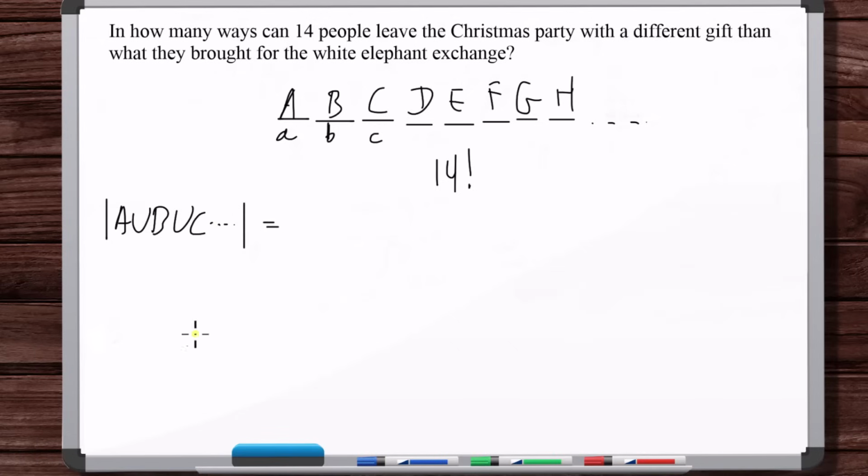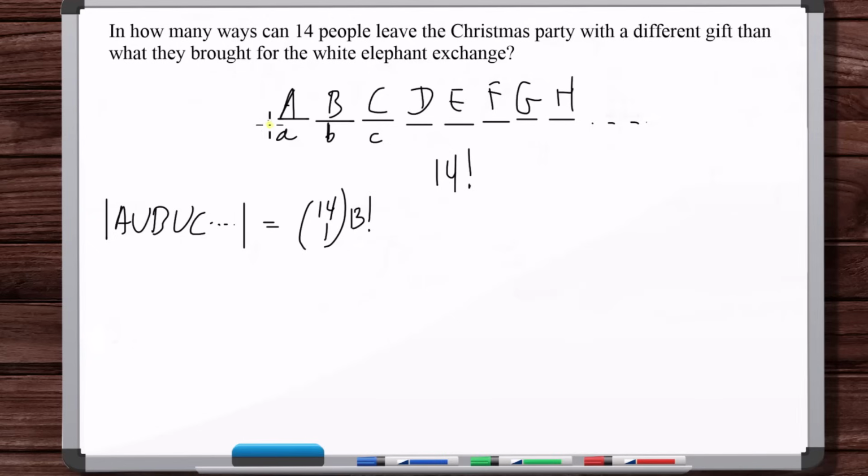I'm not going to explain the details of what I'm doing here, because I've explained that previously. We start with 14 choose 1. Then, because we've got these 14 sets, what's one of these sets going to look like? If person A has their own gift, they're set, and what we're left with is 13 factorial.